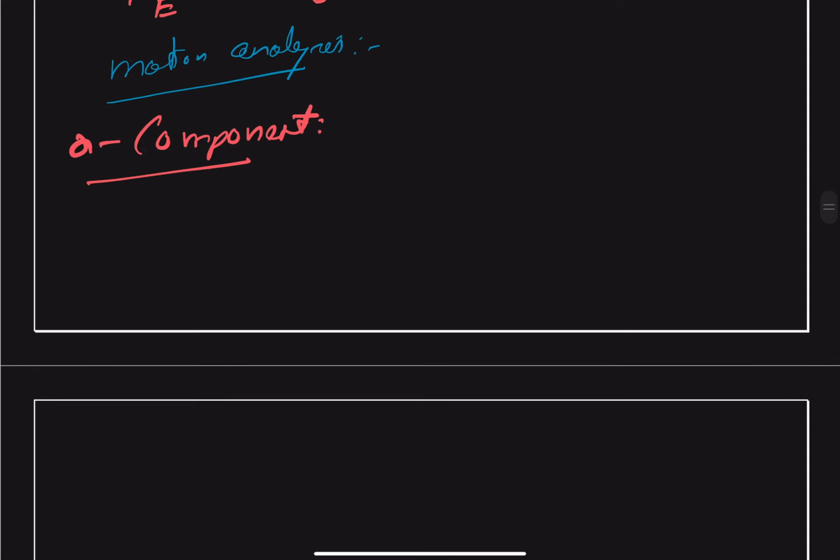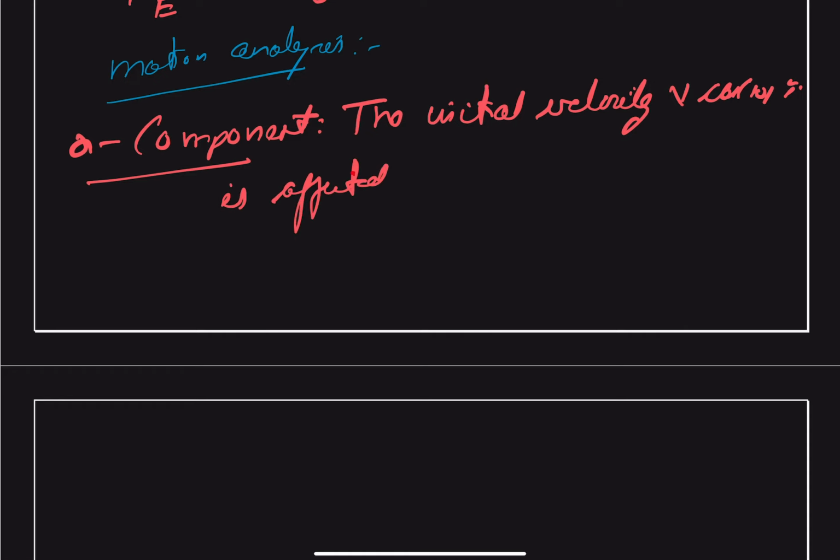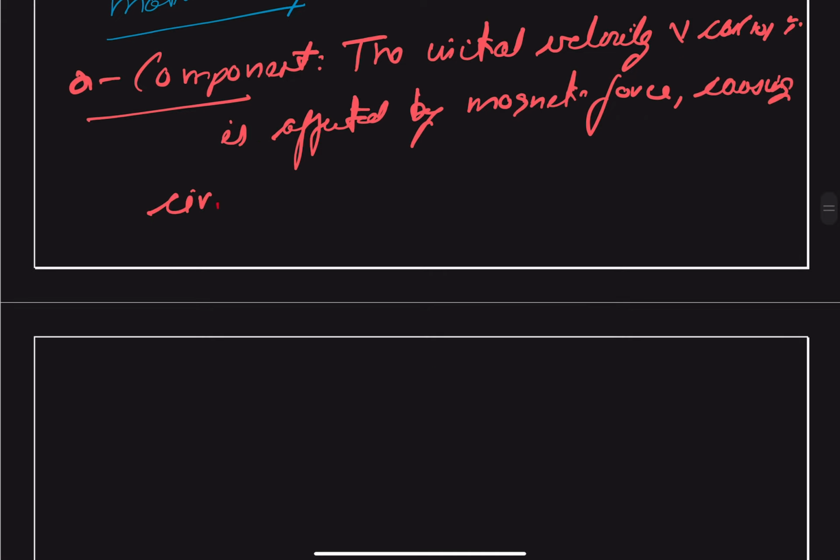So we can say that the initial velocity, that is v cos of 10 times i, is affected by the magnetic force, because magnetic force is along k axis, causing circular motion.